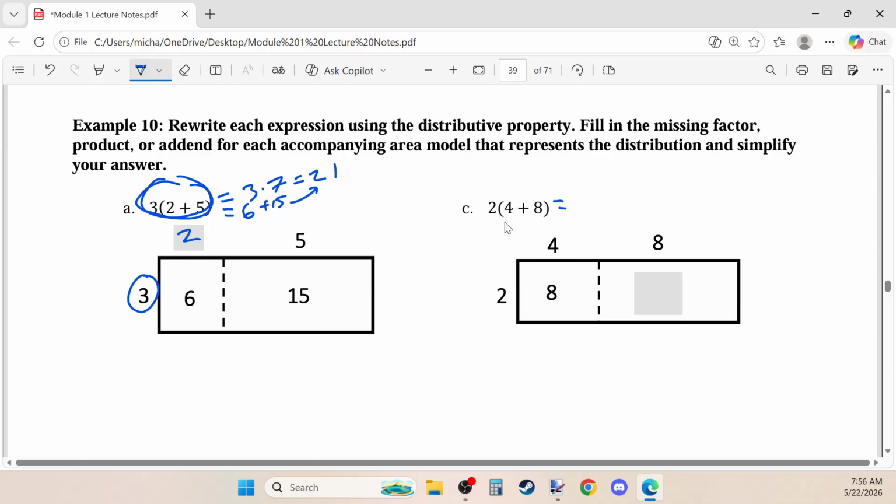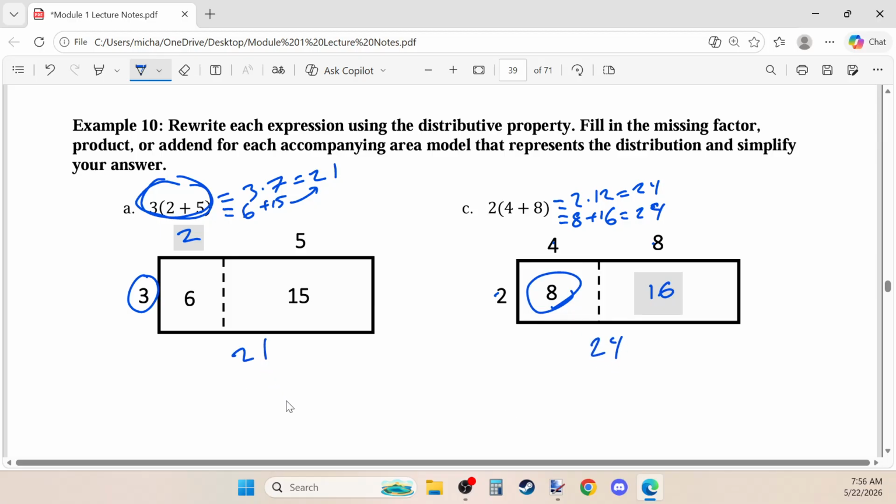This one here, I can do it as 2 times 12, which is 24, or I can also do it as 8 plus 16, which is 24. So 2 times 4 gives me 8. 8 times 2 gives me 16. That adds up to 24 either way.